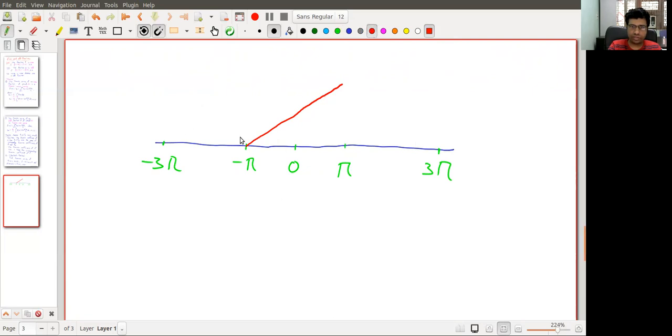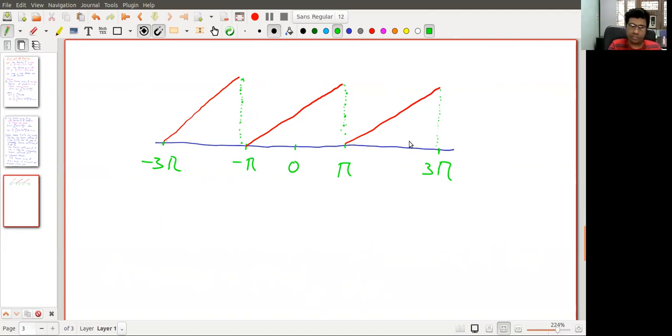Let us sketch it. Actually this is not part of the curve, but if we sketch it, it will look like a sawtooth.